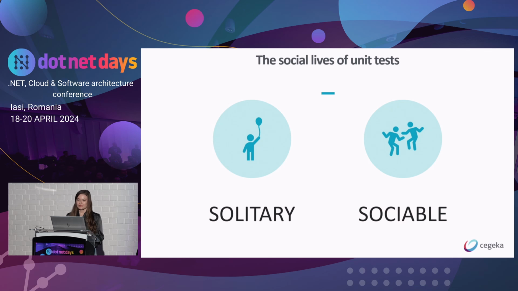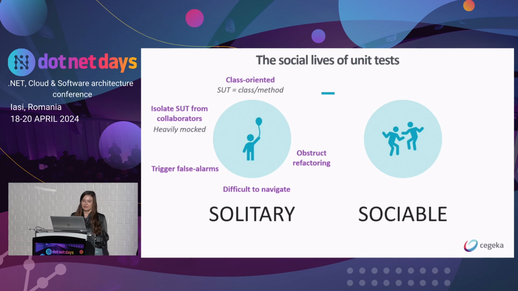So, these are the social lives of unit tests. They can be solitary or sociable. Solitary means that they are class-oriented. That means the system under test is the class or the method. The unit under test is the class or the method. The unit of isolation is the class itself.